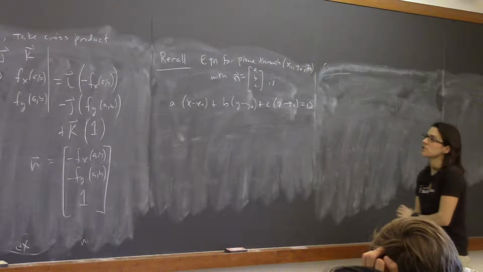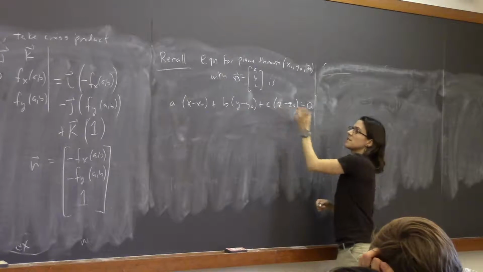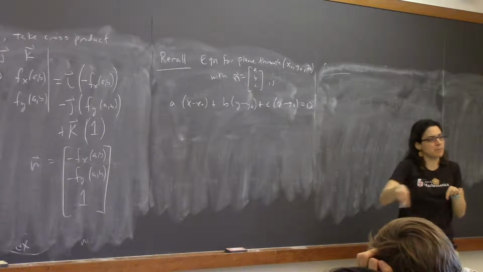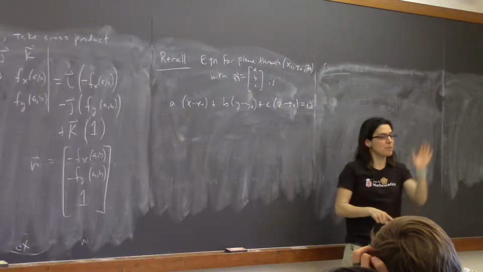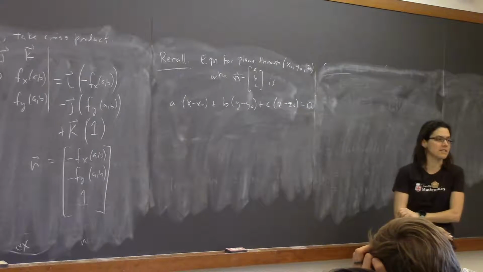And remember, this was just a vector on the plane. x minus x naught, y minus y naught, z minus z naught is some vector that sits in the plane. And then ABC is perpendicular to the plane. So we just take the dot product of those things and set it equal to 0. That's where it comes from.